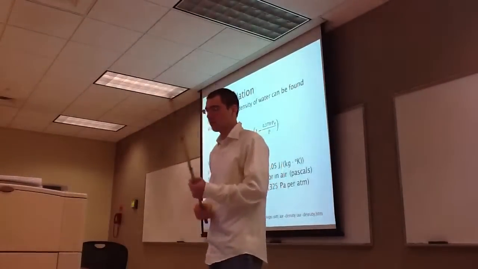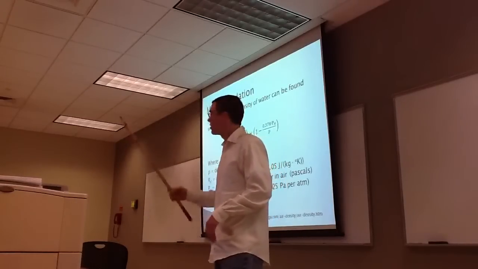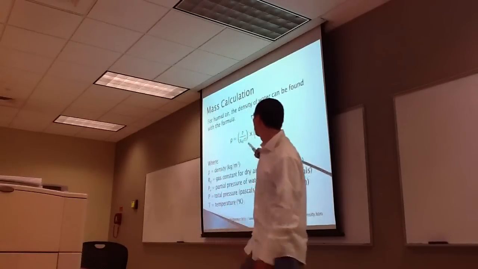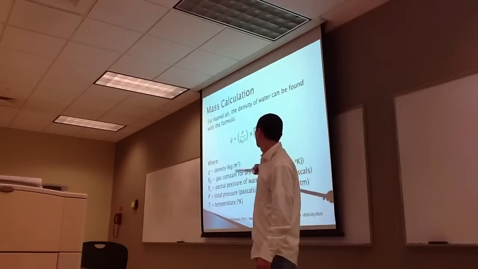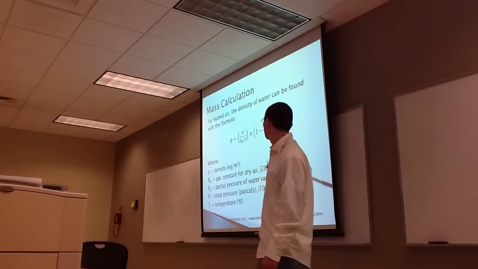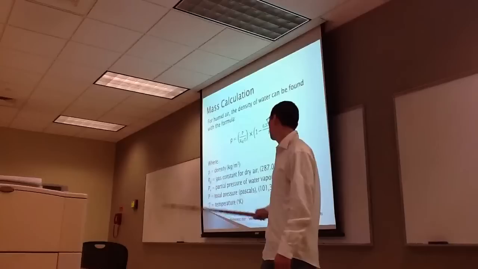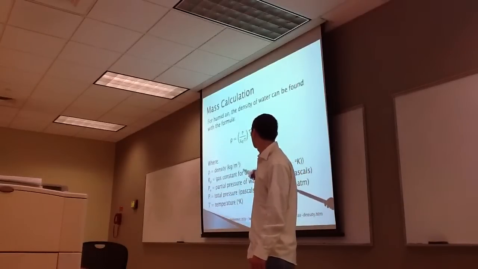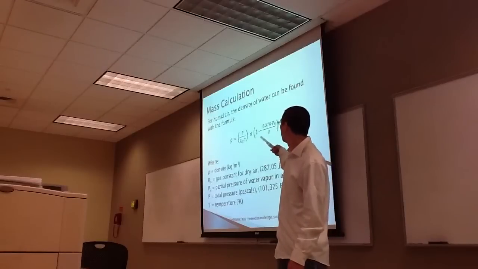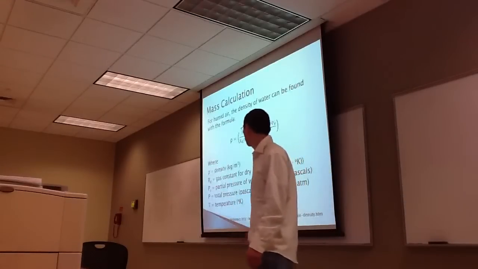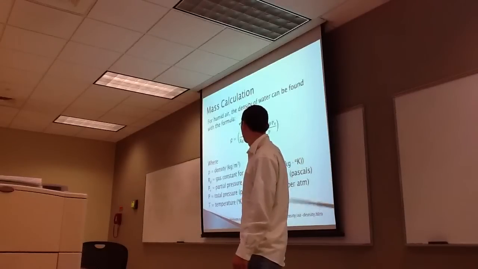For humid air, I found this calculation online where rho is equal to the total pressure in pascals divided by the gas constant for dry air, which was 287.05 joules per kilogram Kelvin, and the temperature. Then it's multiplied by 1 minus the partial pressure of water vapor in air, and then the total pressure again.